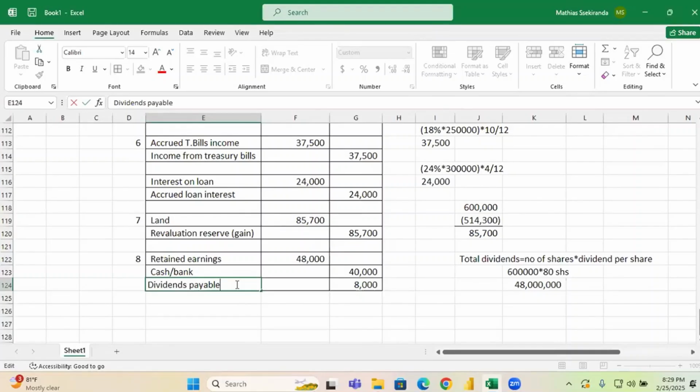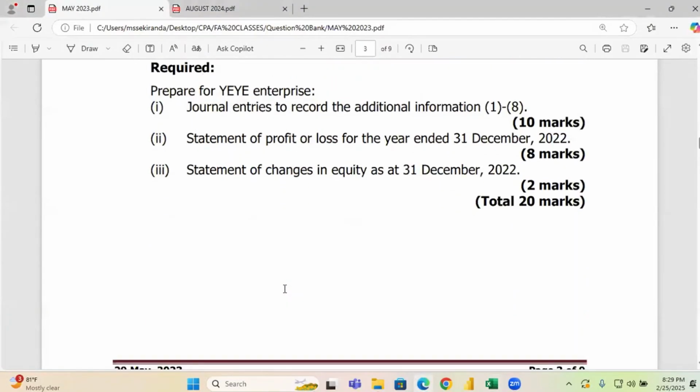Guys, any questions? So journal entries is typically a double entry. So let's run through the profit or loss.